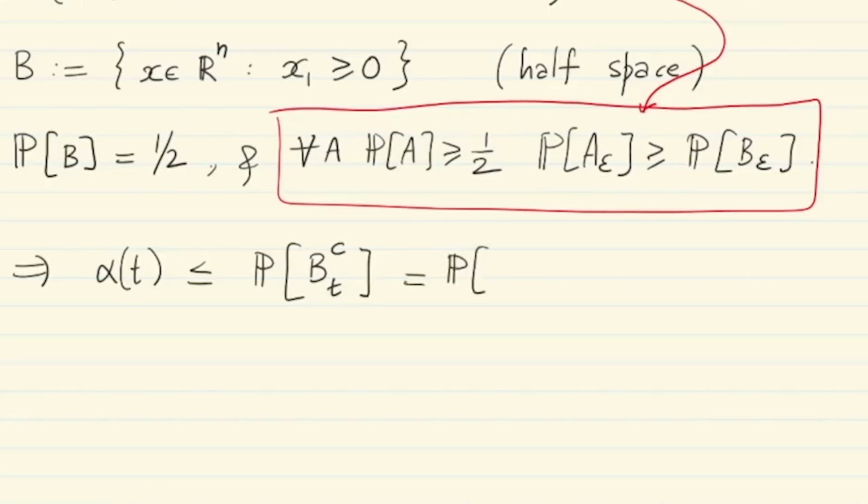And this, because of properties of independent Gaussian measure, is the probability of x1 exceeding t, which is the probability of a standard normal exceeding a value t, which is defined to be the Q function of a Gaussian, which can for instance be upper bounded by e raised to minus t square by 2.